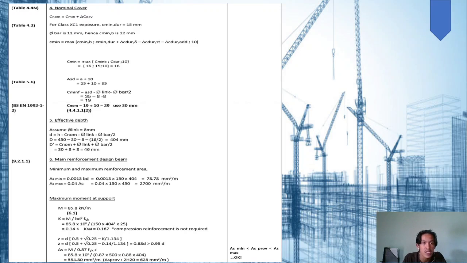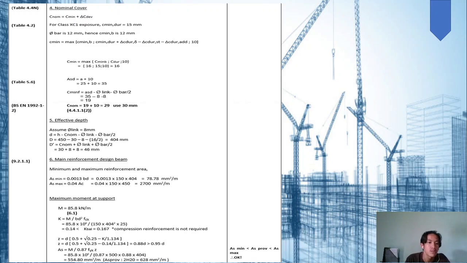Okay, for the nominal cover, we will use 30 millimeter, and then the effective depth is 404 millimeter. For the minimum reinforcement in the beam, we get 78.78 millimeter squared per meter, and then for AS max 2700 millimeter squared per meter.